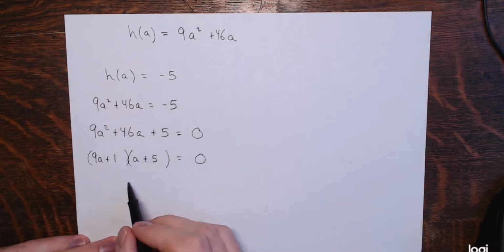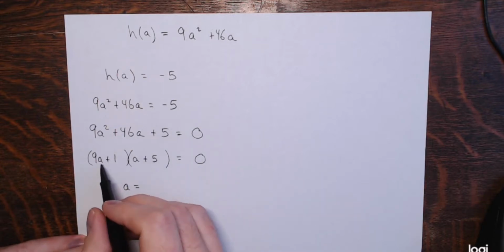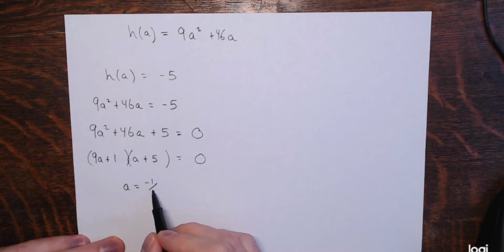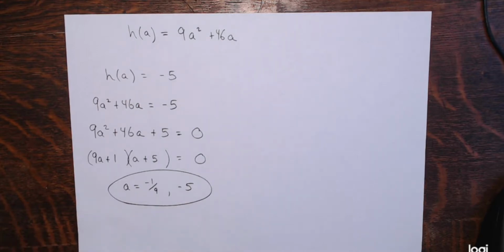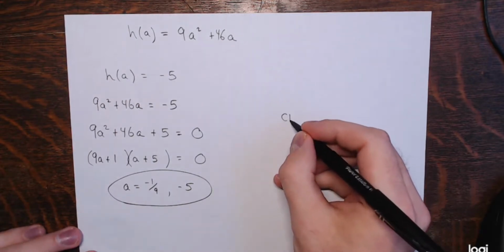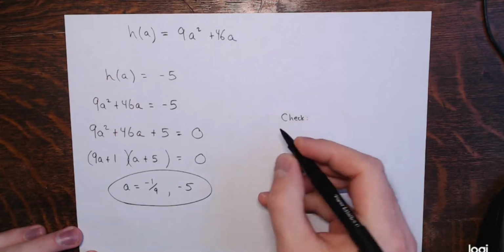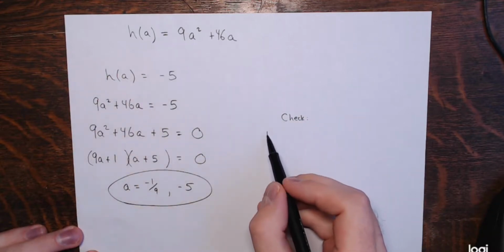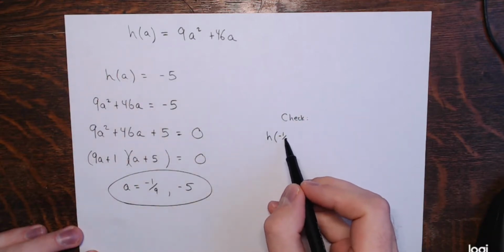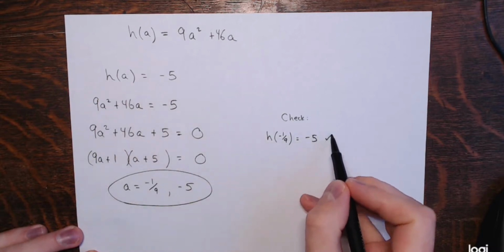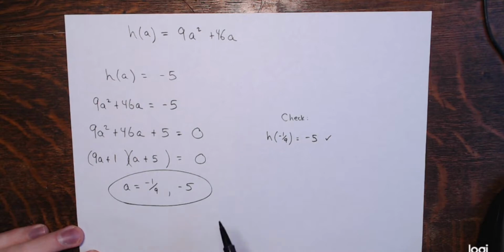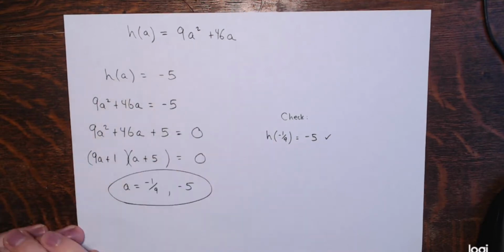Cool. So a has to be either -1/9, that'll make that factor 0, and then -5 for the other one. There's the possible solutions. And if you wanted to check, plug them in. Is h of -1/9 equal to -5? And it should be. Just go through, replace a with -1/9.